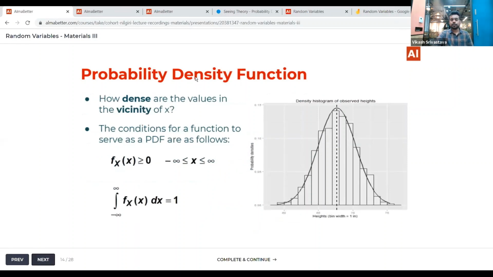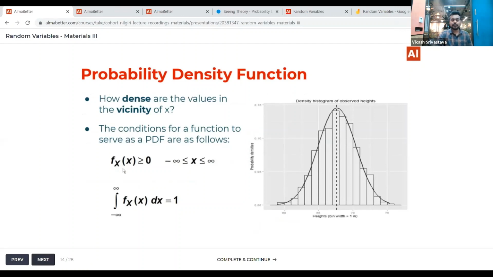So the probability density function tells you how dense the values are in the vicinity of small x. There are a few requirements that a particular PDF should follow.